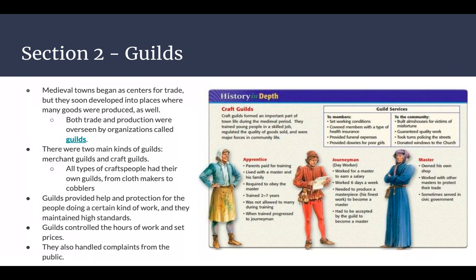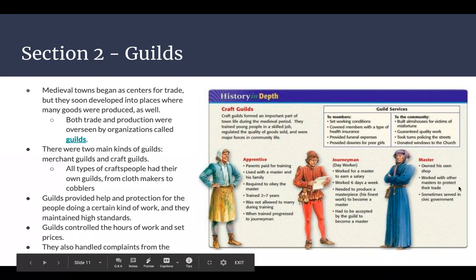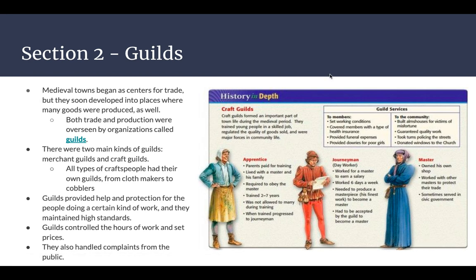Guild members would pay dues to their organization, meaning that they would have to pay a certain amount in order to be a member. Starting at age 12, a boy and occasionally a girl could become an apprentice. If you want to switch gears and look at this chart on the right-hand side, this is what I'm going to walk you through real quick.